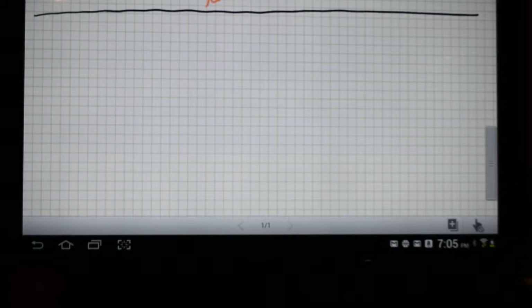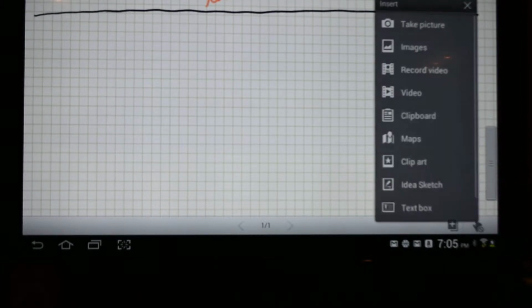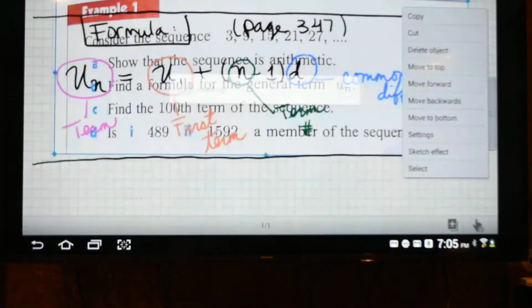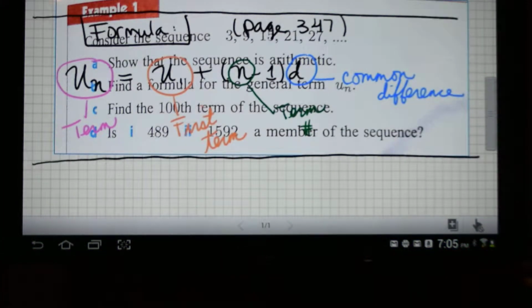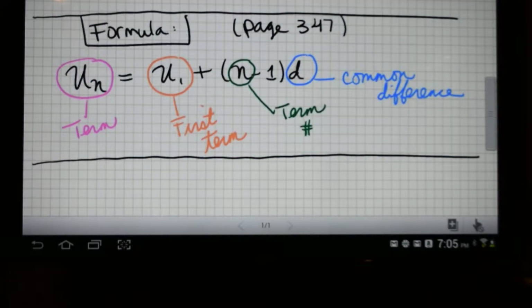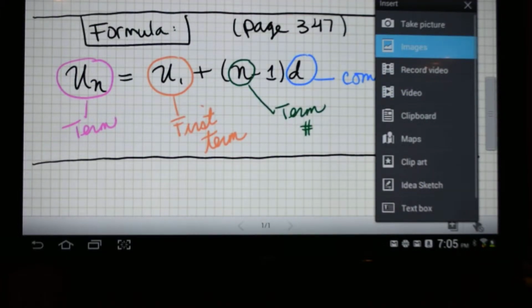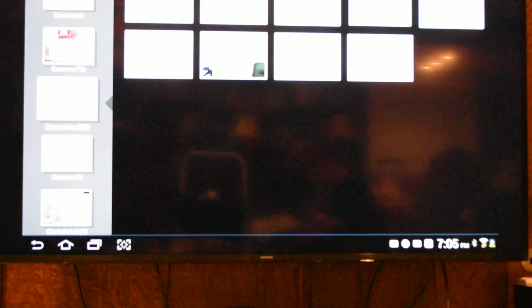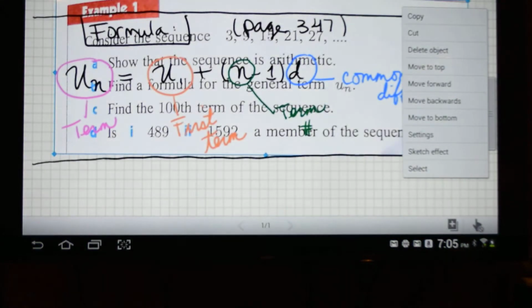Okay, we're going to do example 1. It's pretty simple. I forgot to add the image. Oops. We're going to move that down. I can move it to the bottom.